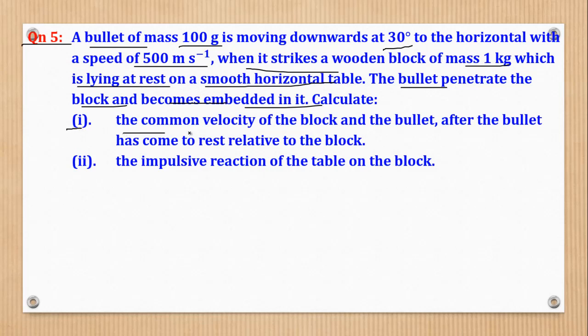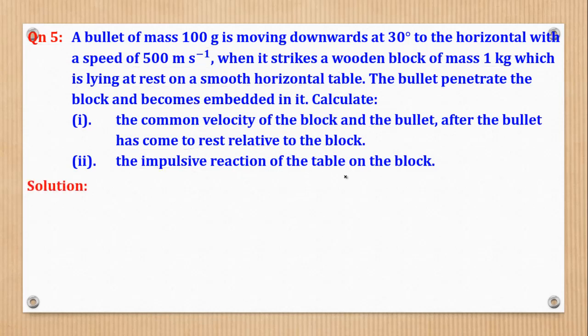Calculate part A, the common velocity of the block and the bullet after the bullet has come to rest relative to the block. Then the impulsive reaction of the table on the block.